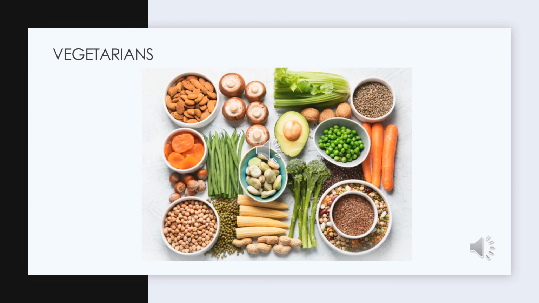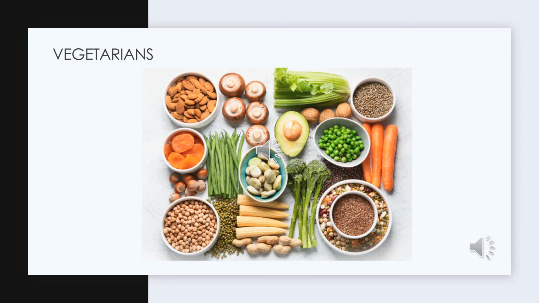So it's very popular. A lot of people are choosing to go to a vegetarian diet. There are different types of vegetarians. There's some that will eat eggs, but do not eat meat, poultry, or fish. There's some that will use dairy products, but will not eat meat, poultry, or eggs.